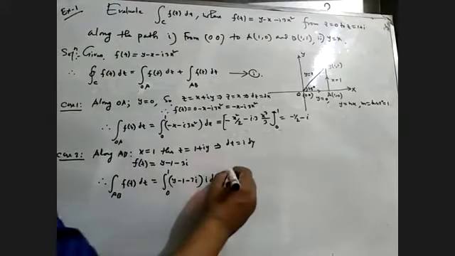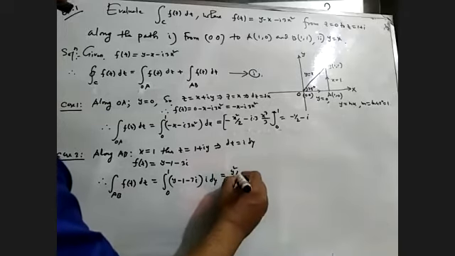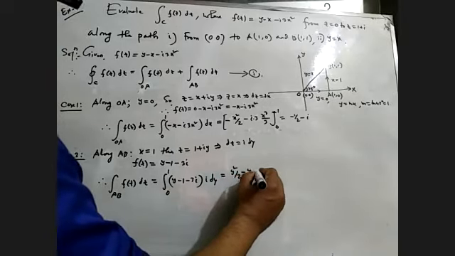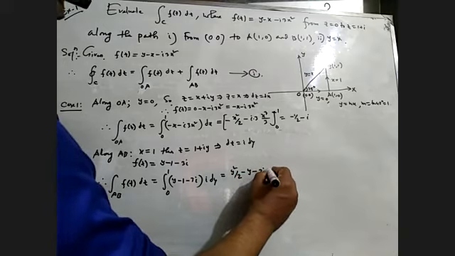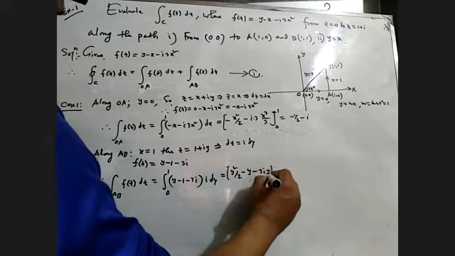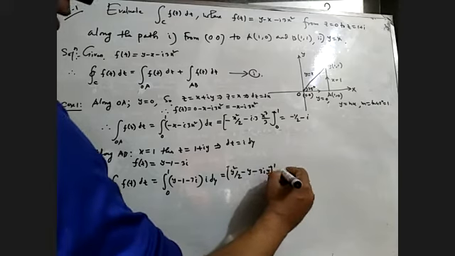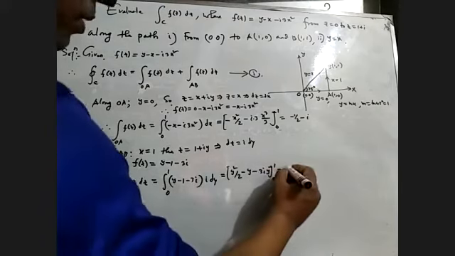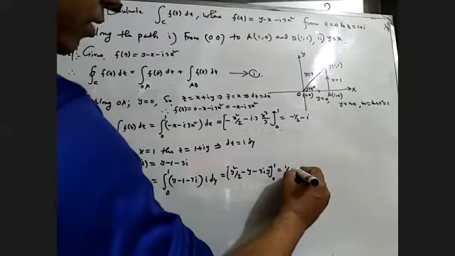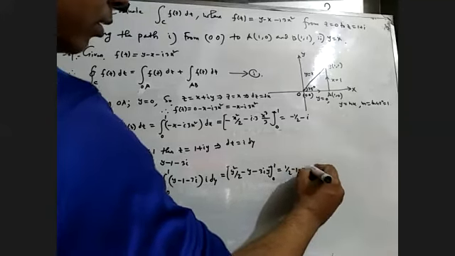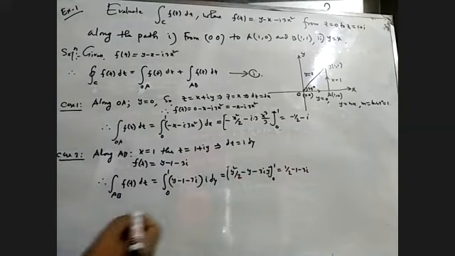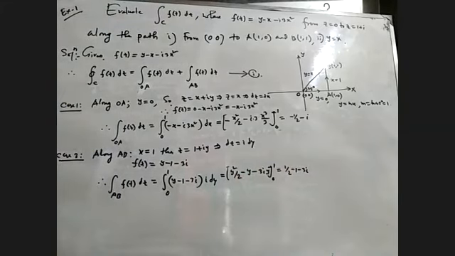So this integration will be y square by 2 minus y minus thrice i y, with lower limit 0 and upper limit 1. Putting y equals 1 in the upper limit we get minus half minus 1 minus 3i, and putting the lower limit we get 0. Hence the total integration?